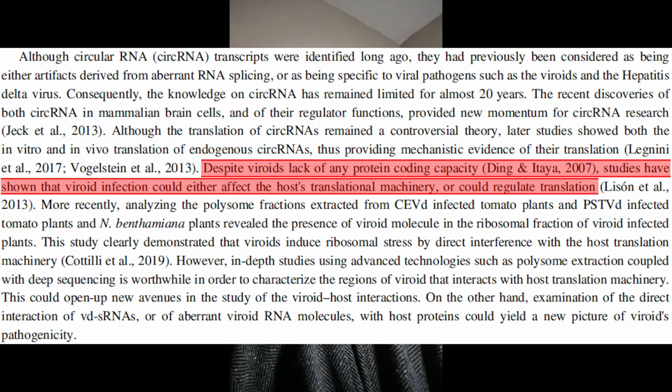They say that despite viroids' lack of any protein coding capacity, studies have shown that viroid infection could either affect the host's translational machinery or could regulate translation.